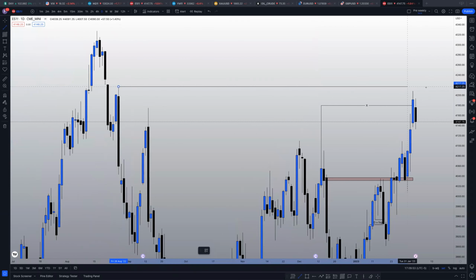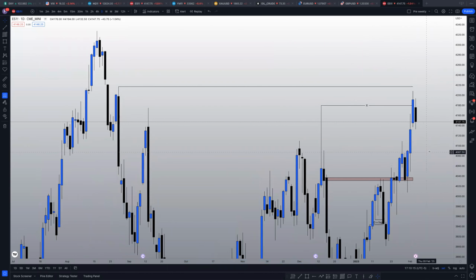I want to see this liquidity pool get taken out here, because for me, there's no real liquidity in this, because this took all of this existing liquidity. So liquidity needs to be rebuilt, which this rejection does. So you pair this liquidity and this liquidity, now we have a likely draw.